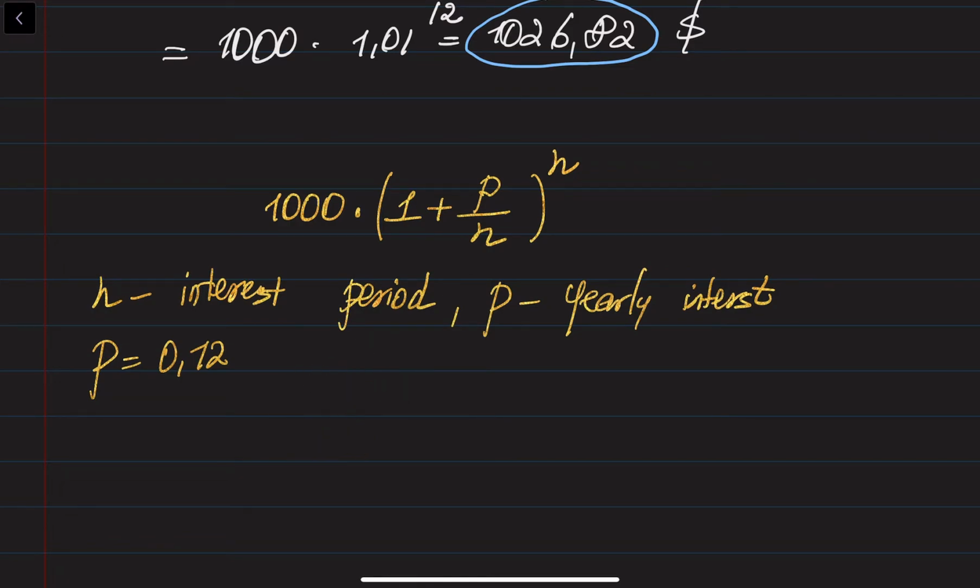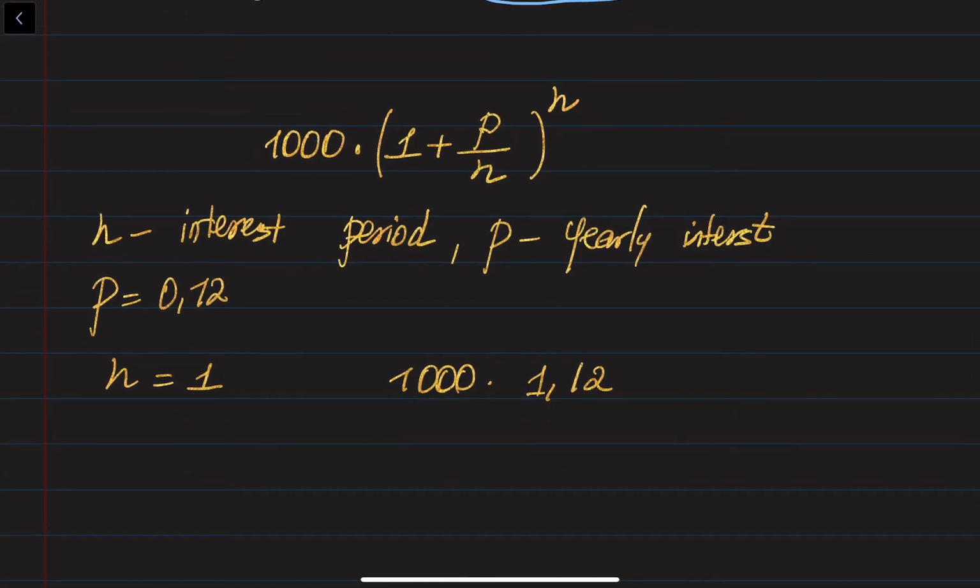So if n is equal to 1, then this formula becomes 1,000 times 1.12 to the power of 1, simply, right? So this is the amount of money which we'll get after 1 year.